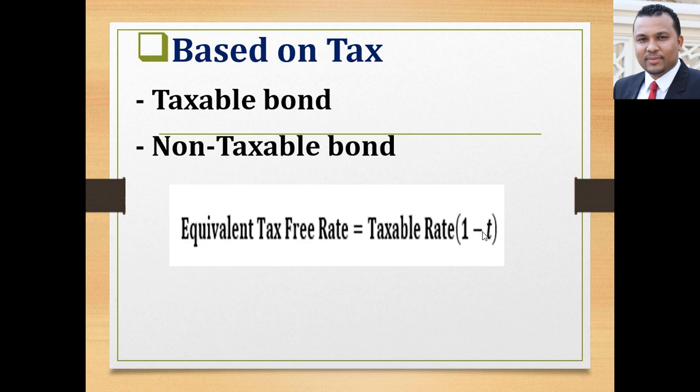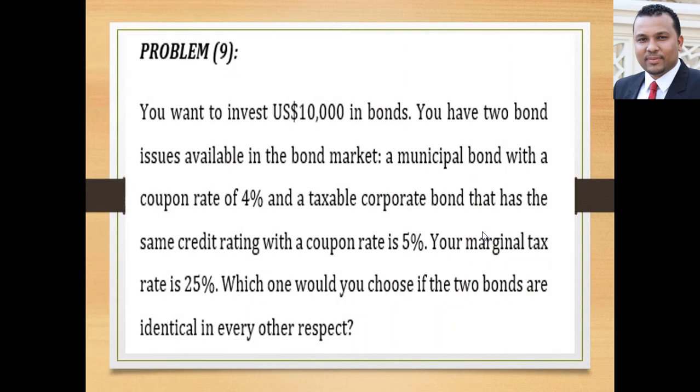In our problem on page 132, problem 9, there are two types of bonds. Say you want to invest 10,000 US dollars in bonds, with two bond issues available in the market: a municipal bond with a coupon of 4%, and a taxable corporate bond that has the same credit rating.